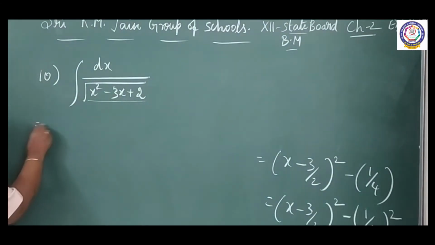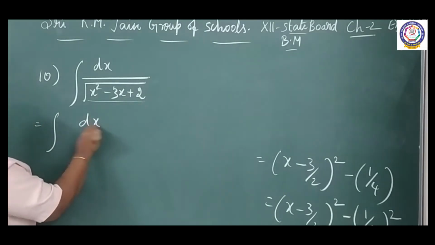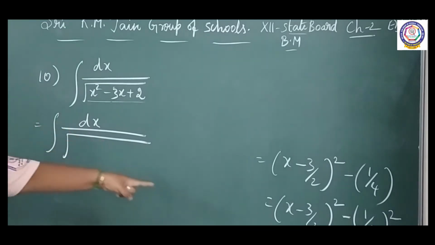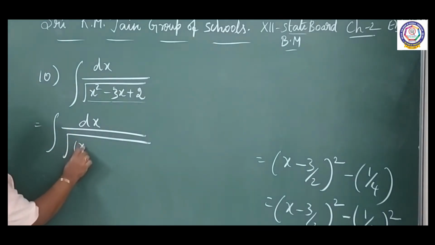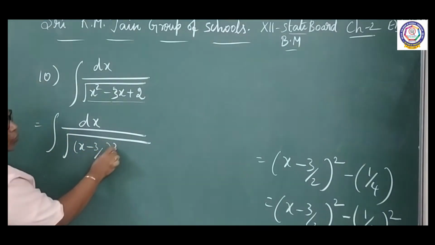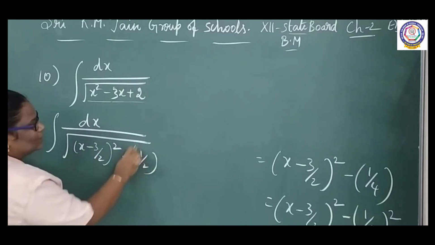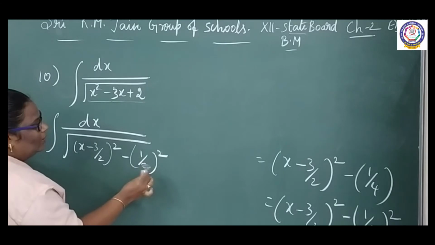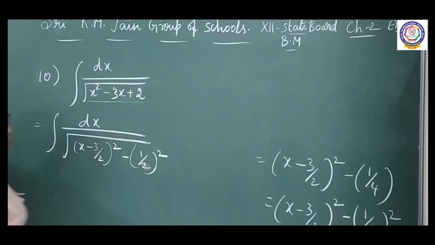See, integral dx by, I change that value into what? X minus 3 by 2 the whole square minus 1 by 2 the whole square. So what is the formula?